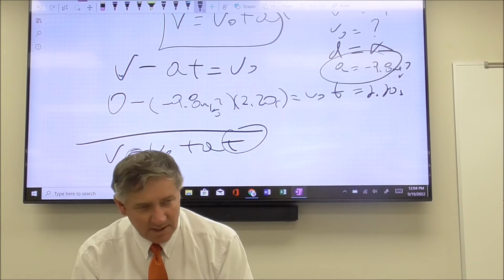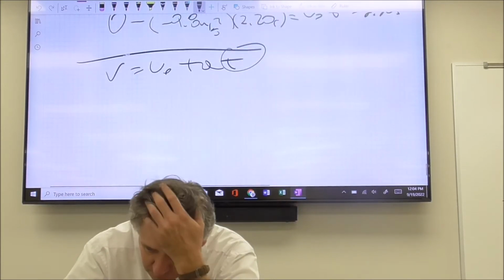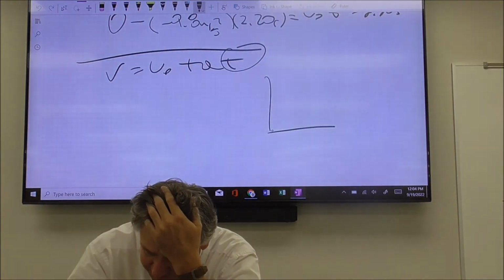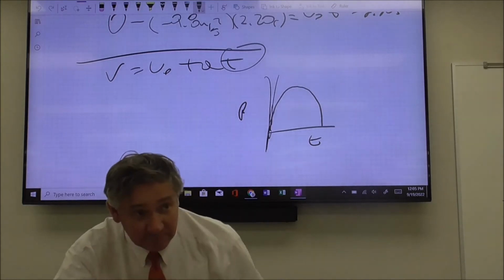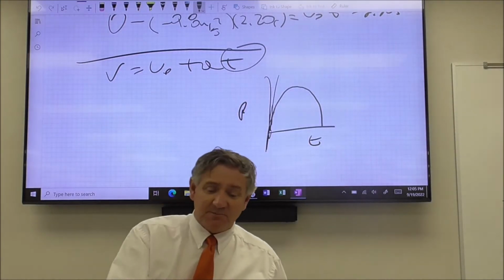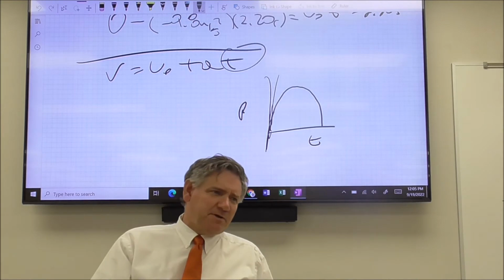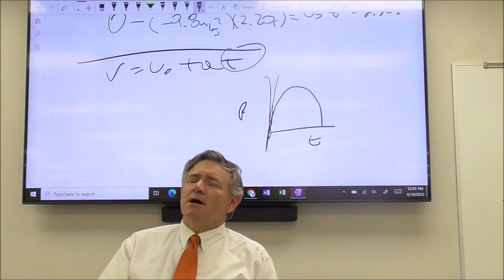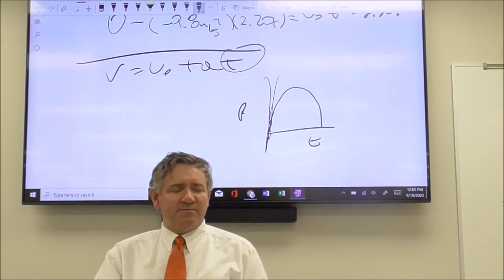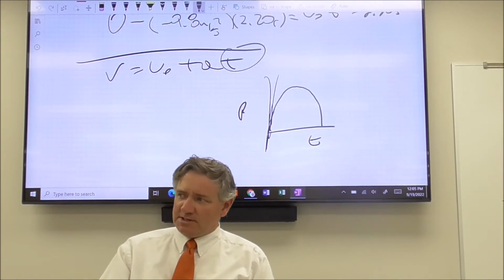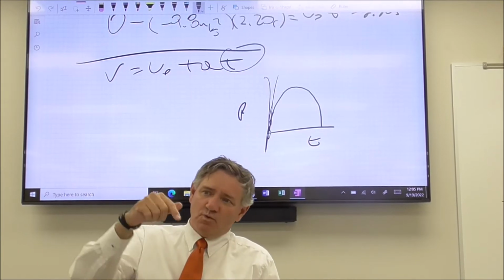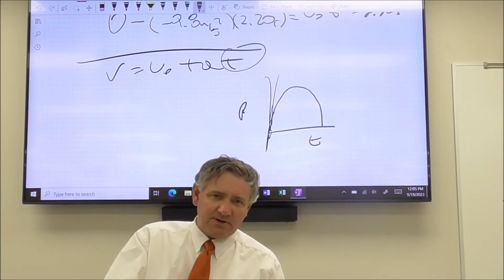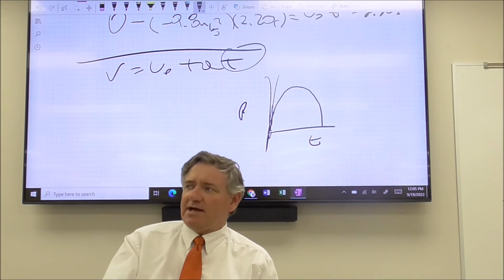So when you get to D, what I'm asking for on that one, the position time graph is going to look something like this. Now, here's the magic code. I'm going to ask you a question like this on the test. I'm going to say, what's the slope of a position time graph at a particular point in time? The magic code is that when I say, what's the slope of that position time graph at a particular instant in time, what am I asking you to find?